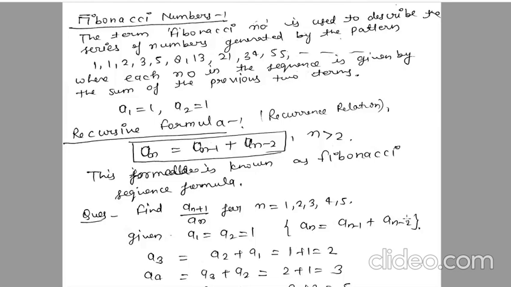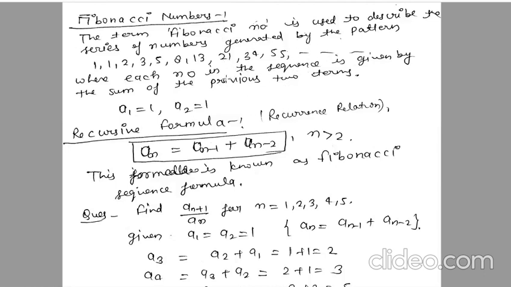So which pattern? 1, 1, 2, 3, 5, 8, 13, 21, 34, 55, and so on, where each number in the sequence is given by the sum of the previous two numbers. Just look here. Fibonacci series is a sequence, which means all the terms are arranged in a sequence. Sequence means well defined and well arranged.